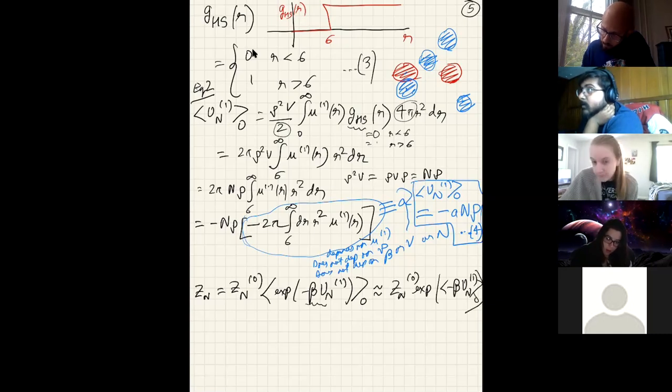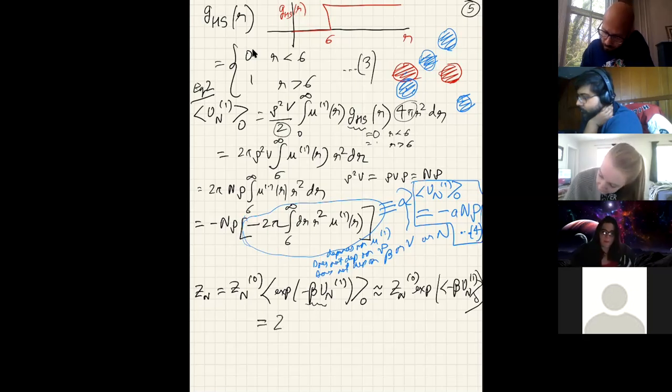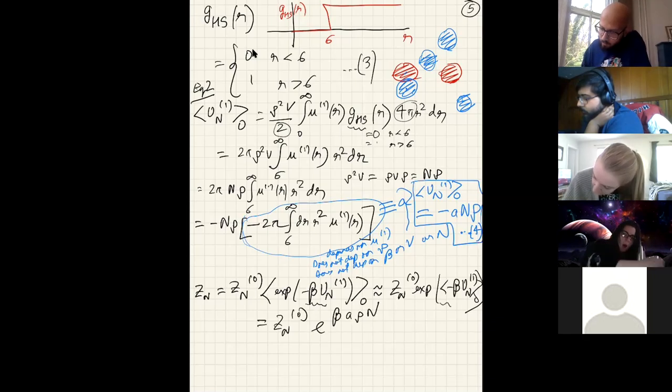This is not true in general. You cannot just move the exponential like that. It's a bad idea, but here it works because we have assumed that. And now we know that the average of U_N1 is equal to minus a N rho. So this thing is then Z_N0 e to the power beta a rho N. Why? Because this is minus beta multiplied by minus a N rho, right? Using equation 4.